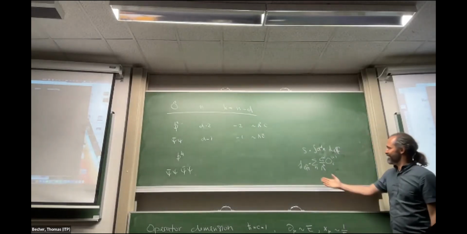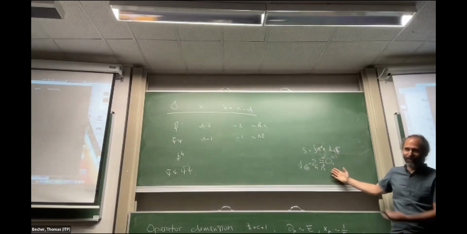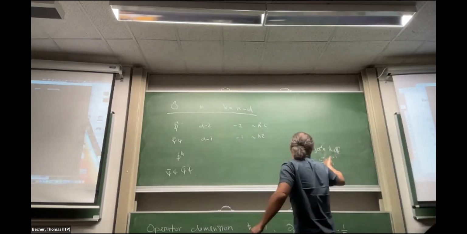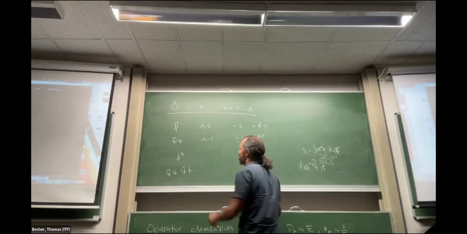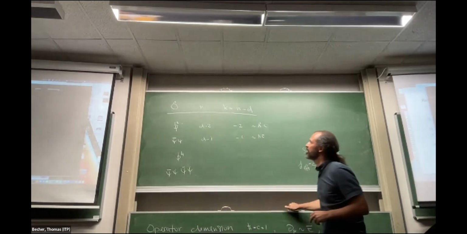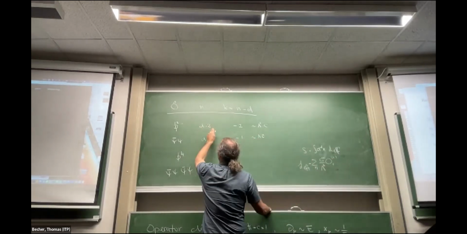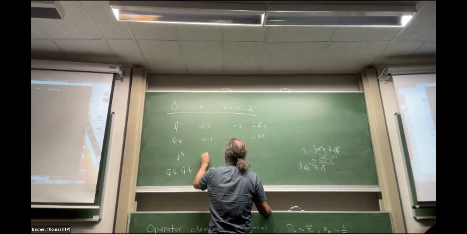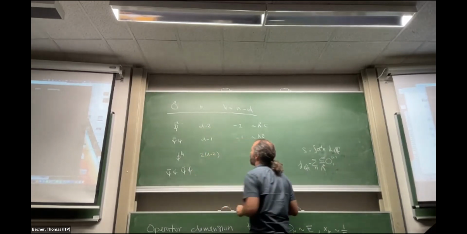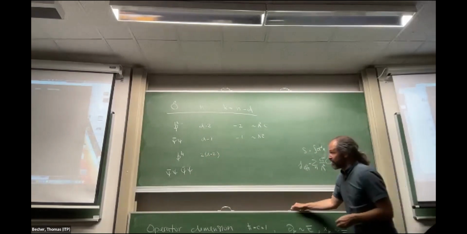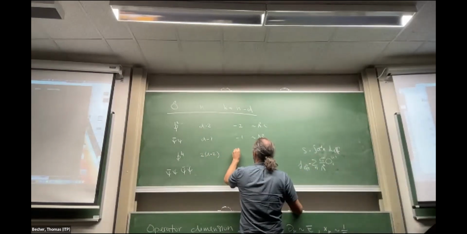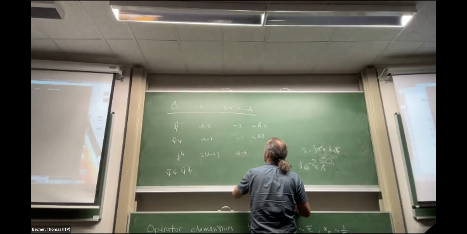So these two terms don't really look like what I've promised here, or one they do, but it's negative. Now let's do the phi to the 4th. This is of course just twice this, so it's 2d minus 2. Minus d is d minus 4.